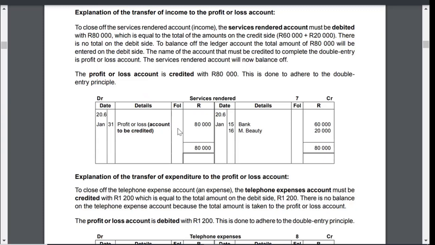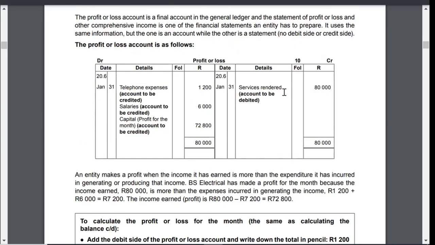Can you see the profit and loss account to be credited with 80,000? The profit and loss account is credited with 80,000. This is done to adhere to the double entry principle. So this account is now closed off, but the profit and loss account is being credited with 80,000.